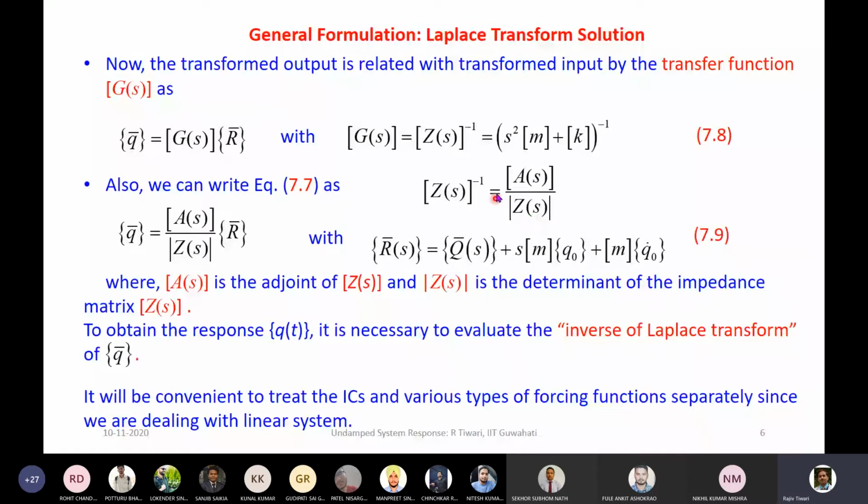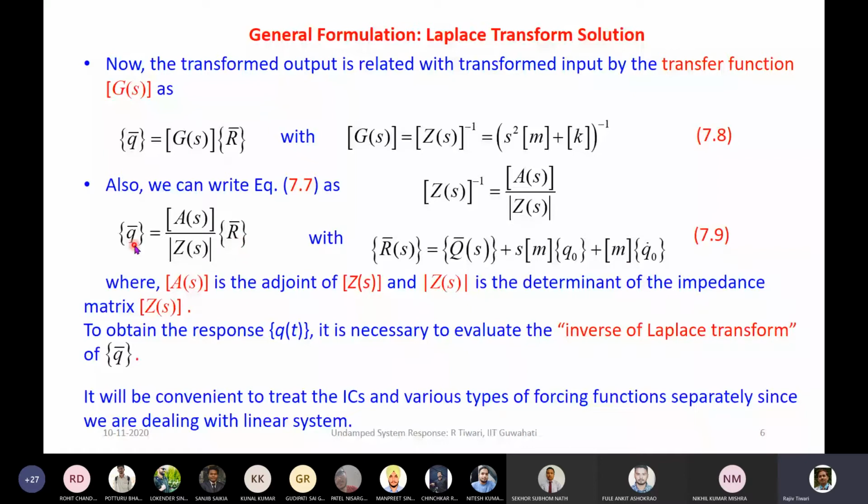If you remember, in the discrete system we discussed this method, by which, by the adjoint of this matrix, we can get the inversion. So this is that particular inverse of the Z matrix, which is nothing but G(s). So in G(s), R is the excitation, and Q is the response in the Laplacian domain.